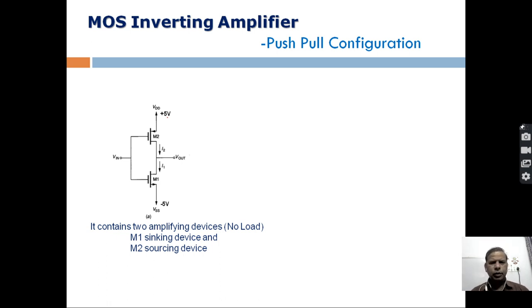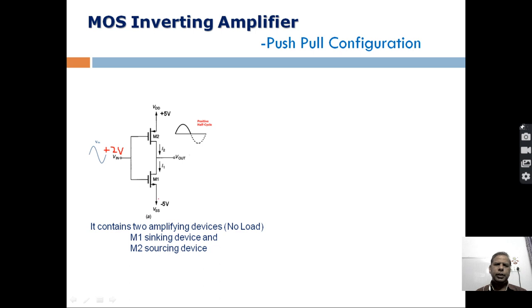Now suppose we apply an input signal here, and for example this input signal we consider as a sinusoidal signal. Now we will see what happens during the positive half cycle and what happens during the negative half cycle. So first we will discuss the case of the positive half cycle. Suppose a positive voltage is applied here during this positive half cycle, and let's consider this voltage to be 2 volt, for example.